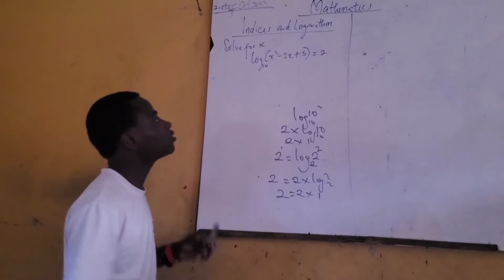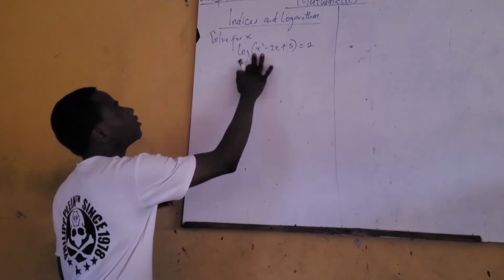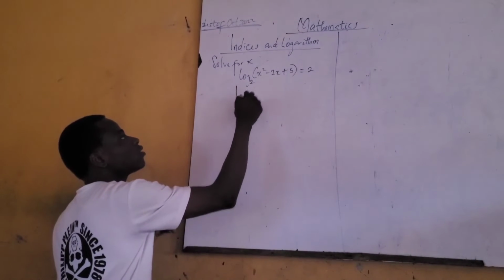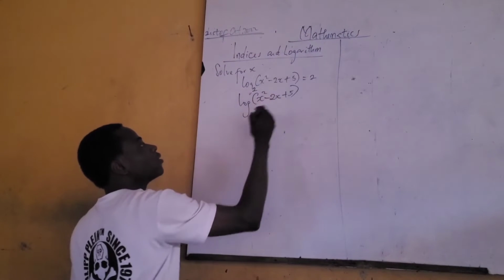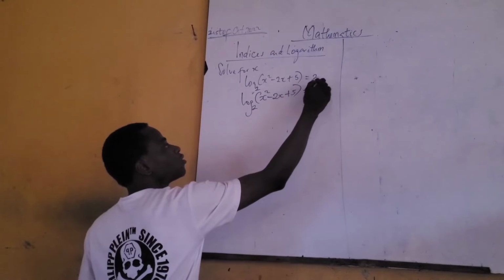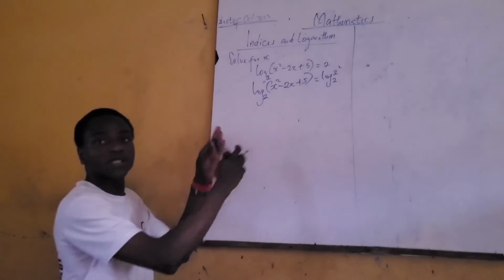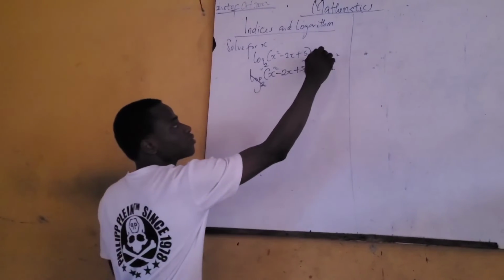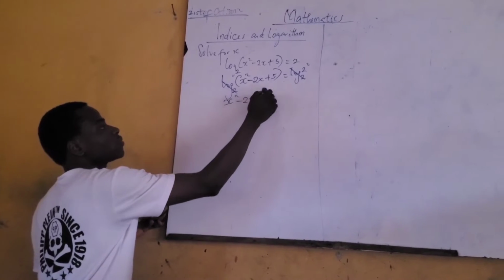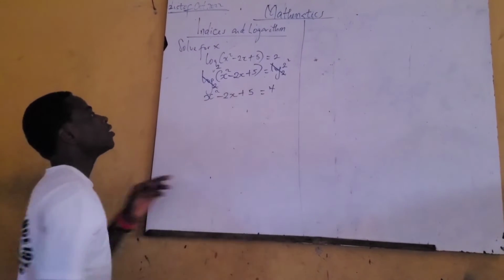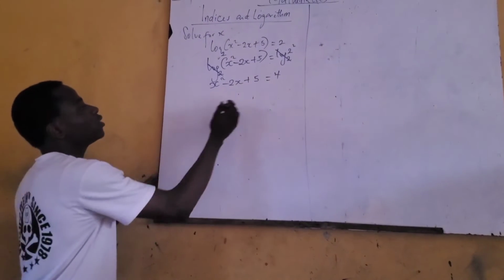Since we are working on base 2, not base 10, I can say log of x squared minus 2x plus 5 base 2 equals log 2 base 2 raised to power 2. Now we have log on both sides, so log cancels log. It remains x squared minus 2x plus 5 equals 4. I got this 4 from 2 raised to power 2.